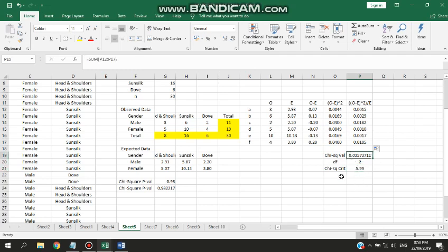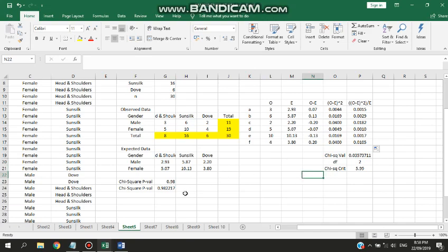It means there is no significant evidence that there is a relationship between the two. You do this to show that your p-value and your chi-square value agree, so you have two pieces of evidence that there is really no significant relationship between brand and gender.